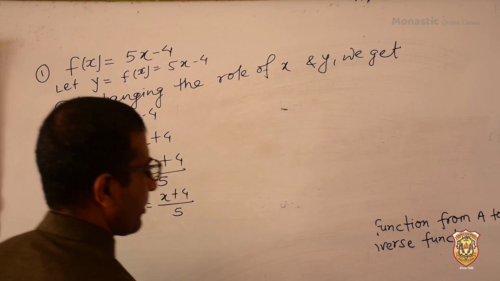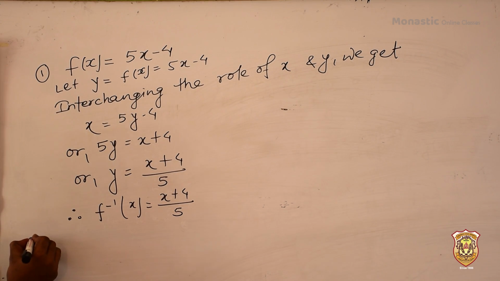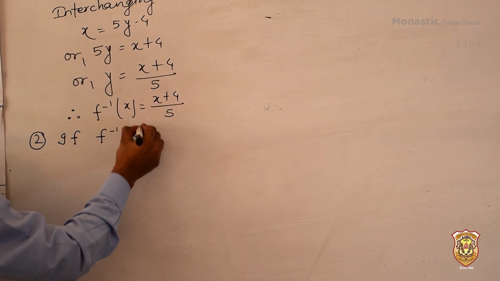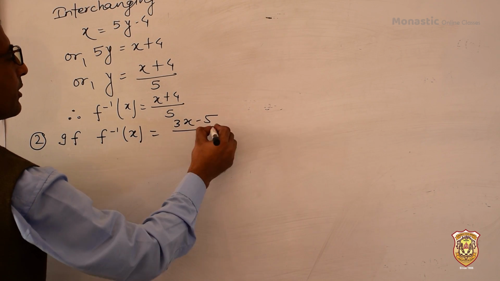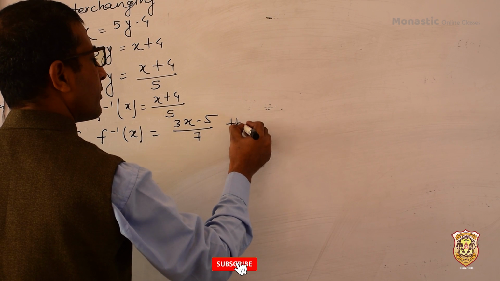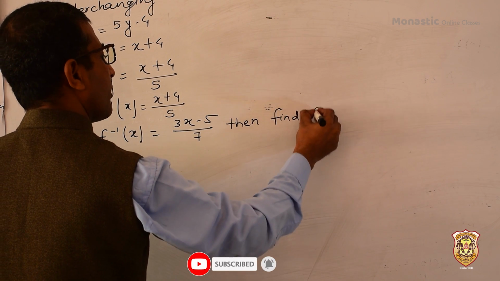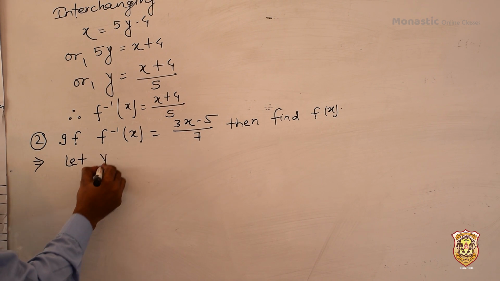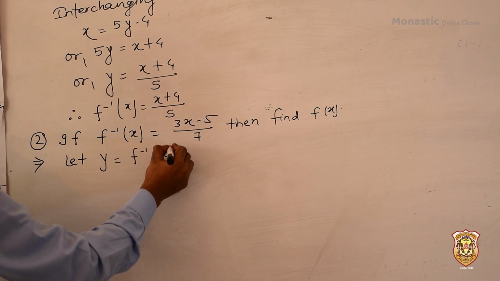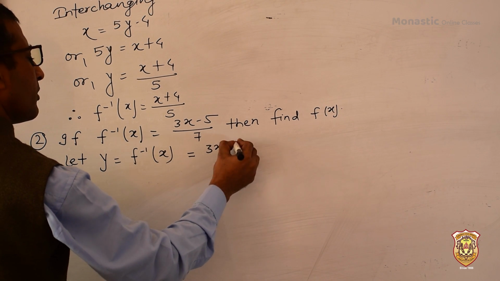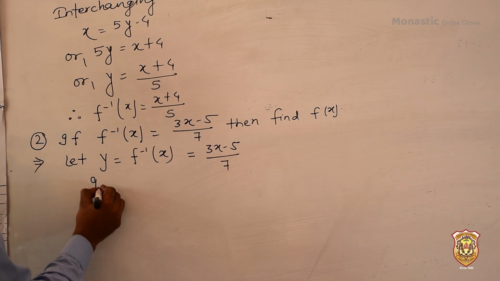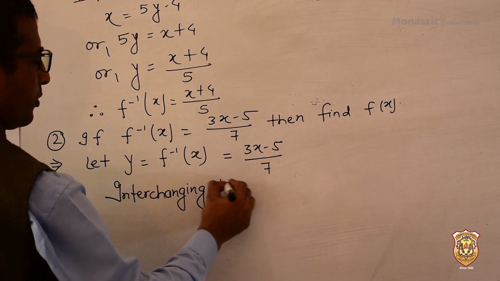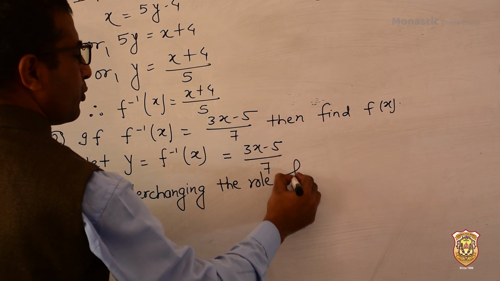In the same way, when already the inverse function is given, if f inverse of x is 3x minus 5 by 7, then find f of x. We will do exactly the same thing. We will suppose y as the image of f inverse of x. Exactly the same thing we will do, interchanging the role of x and y.